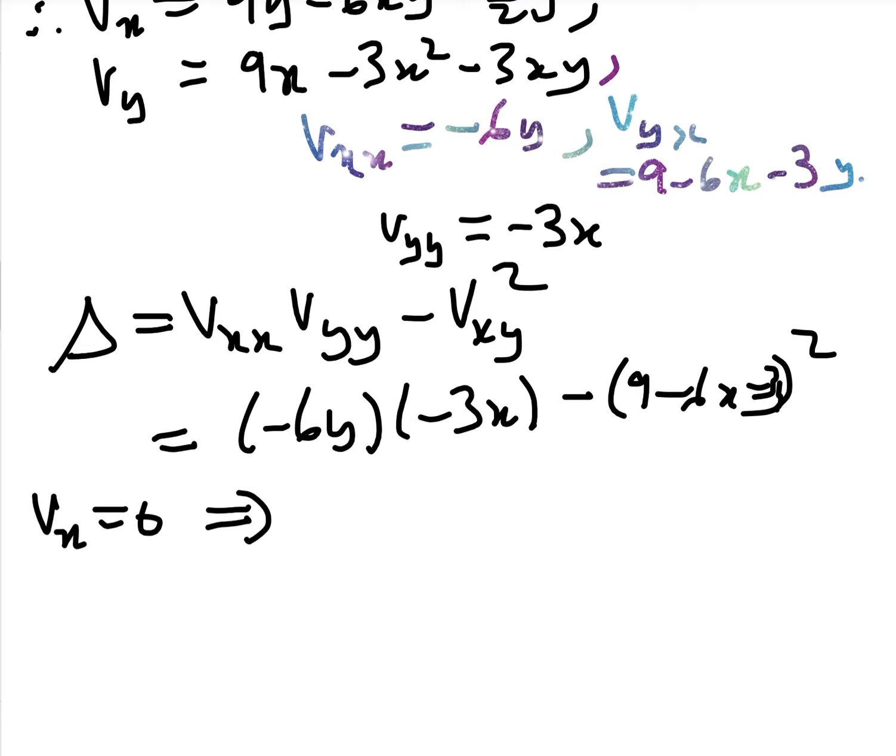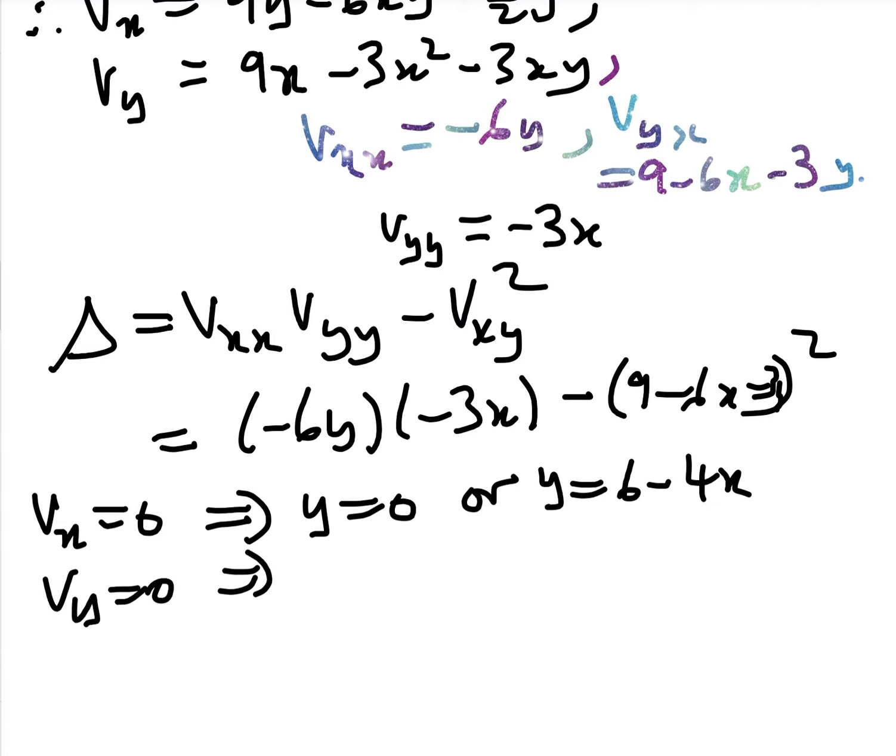From above, if you put Vx equal to 0, we get y equals 0, or y equals 6 minus 4x. If you put Vy equal to 0, we get x equal to 0, or y equal to 3 minus x. You can clearly show that.